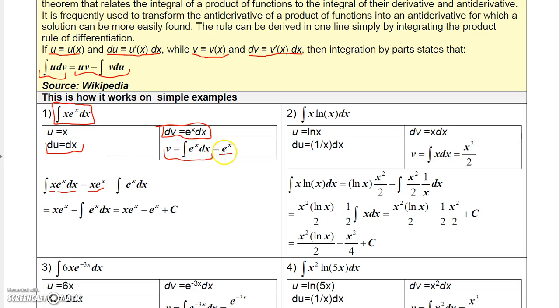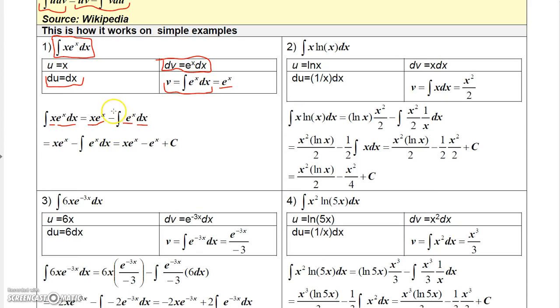Well, v is e to the x, right? And du is just dx. Now this integral is easy to integrate because it's simply just e to the x dx. So when I integrate this, I get x e to the x, and then to integrate this function is just e to the x. So I get x e to the x minus e to the x, and then of course plus a constant.